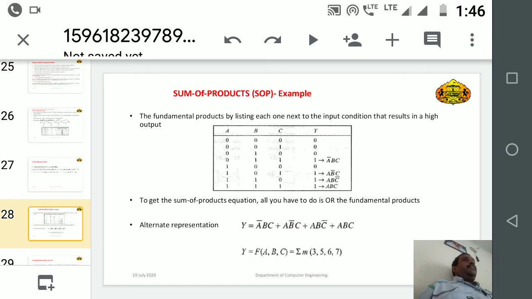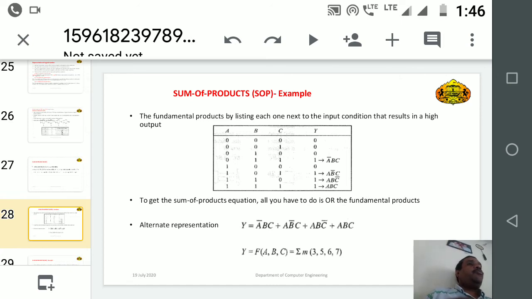In this slide we take one SOP example. We list the fundamental product next to each input condition that results in a high output. If you observe this table, there are three inputs A, B and C. So how many possible conditions? There are a total of 8 possible conditions, because 2 raised to 3 is equal to 8.